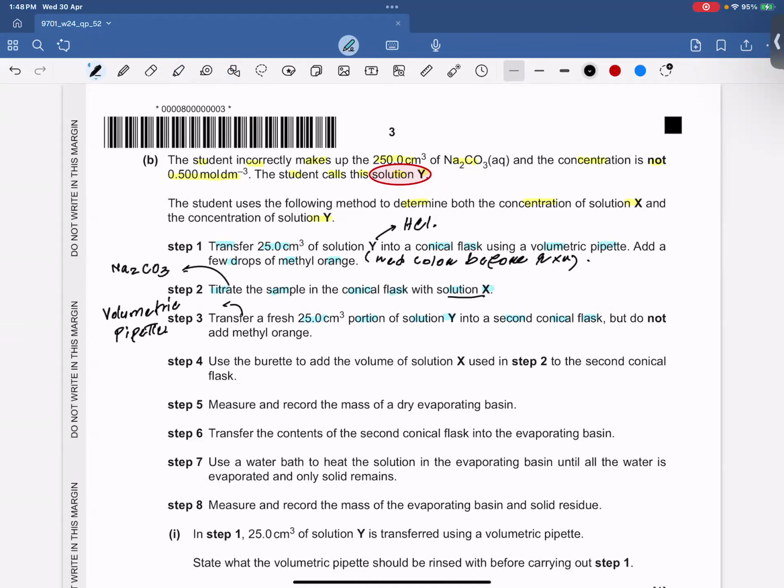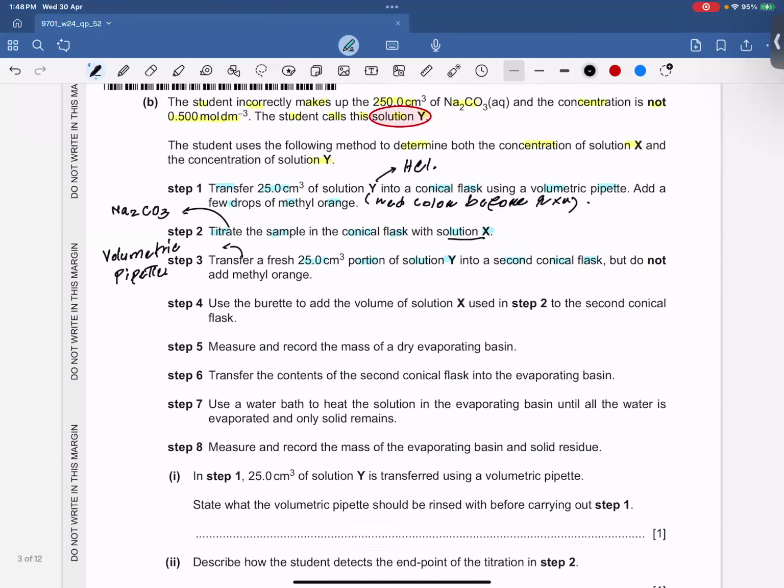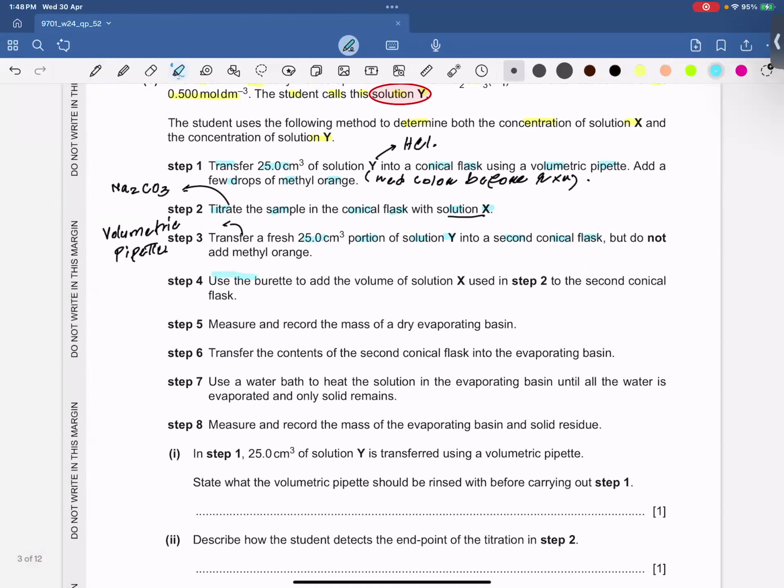First is the titration with solution Y, second is the titration with solution X. So we are using two different burettes altogether in the experiment. Use the burette to add the volume of solution X used in step 2 to the second conical flask. Measure and record the mass of the dry evaporating basin.